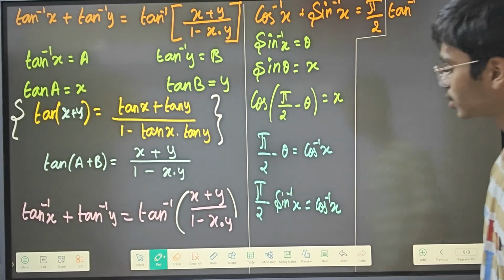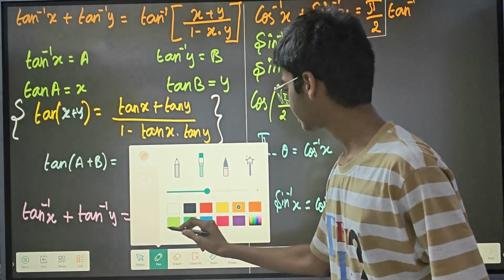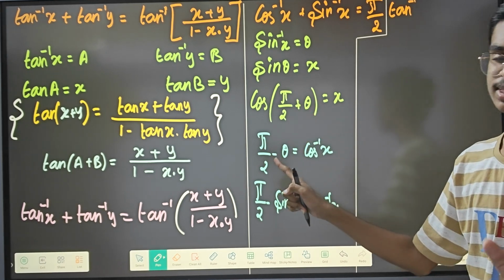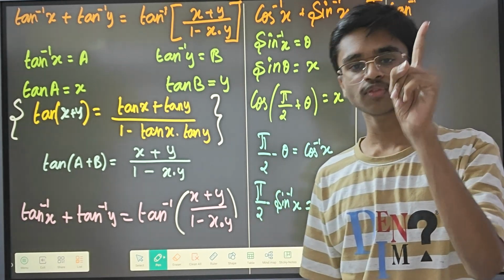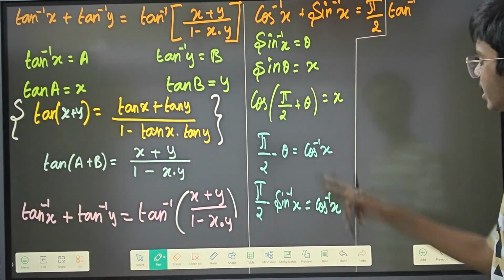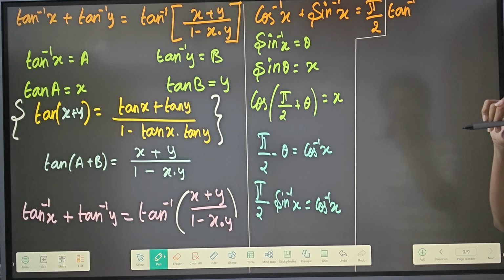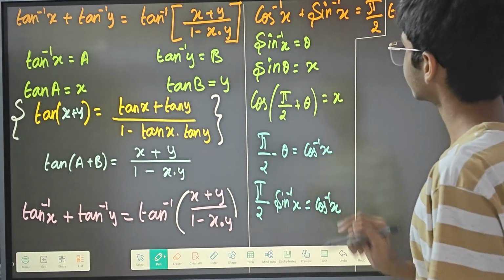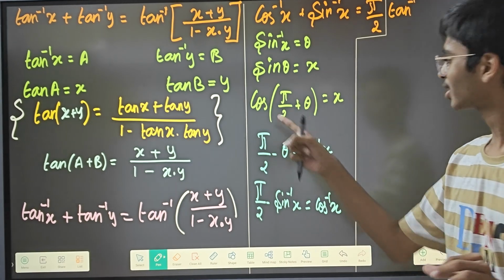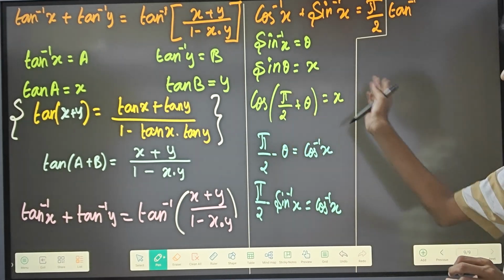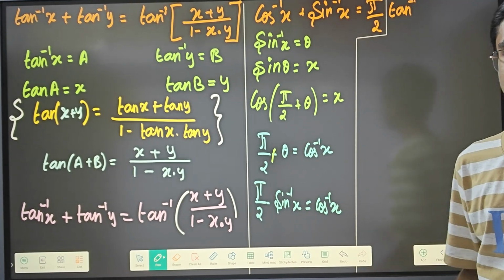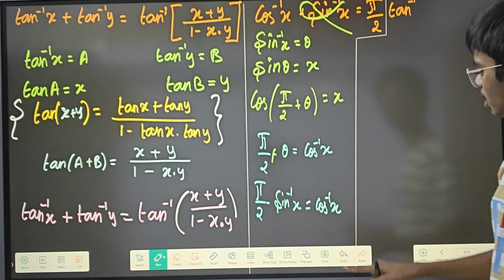If you choose the second quadrant, the sign becomes plus. If you choose pi by 2 plus theta, then it will become plus. Then applying cos inverse, you will get plus here also, and when it goes to this side it will be minus. So you will not be able to get this formula.